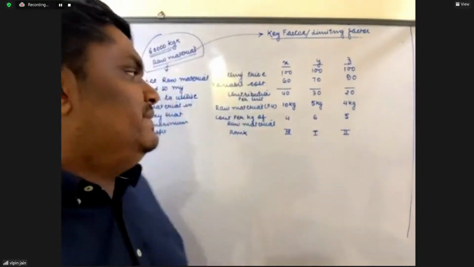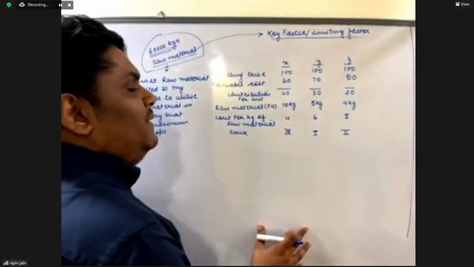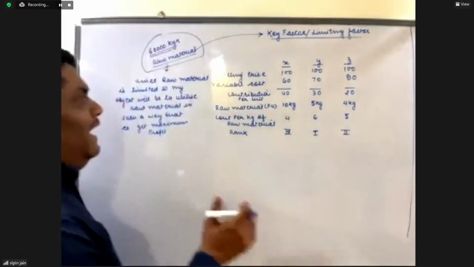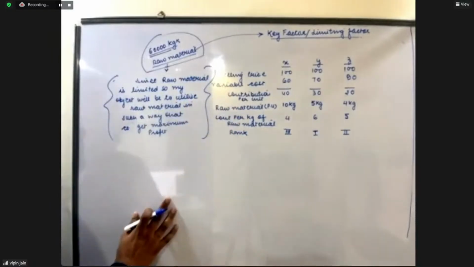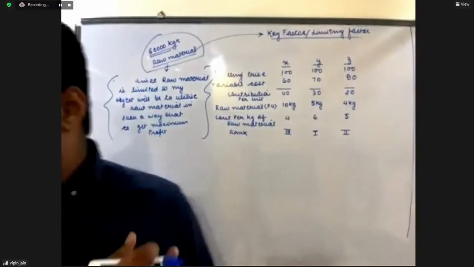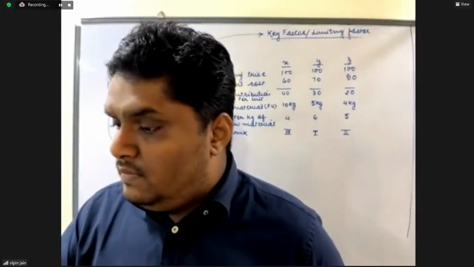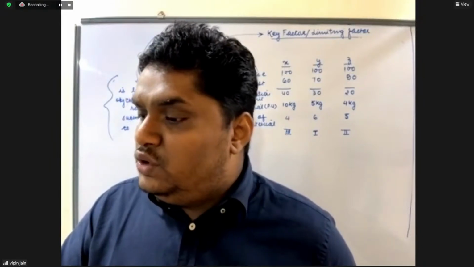So it is advisable to manufacture product Y only if there is an unlimited demand of a particular product. I request you guys to please copy this explanation. I'll be erasing this part because I'll be needing more space to write. So I request you guys. I'll advise you, Utkarsh, don't worry.